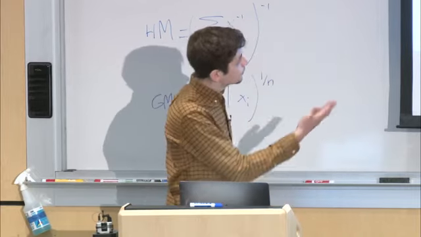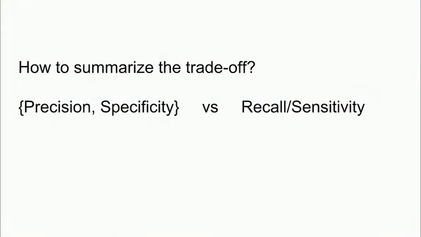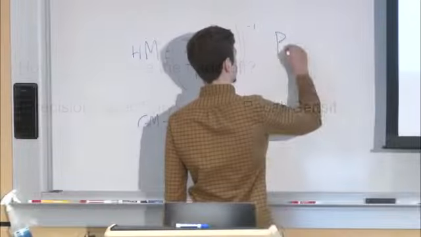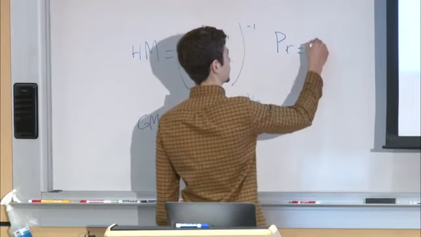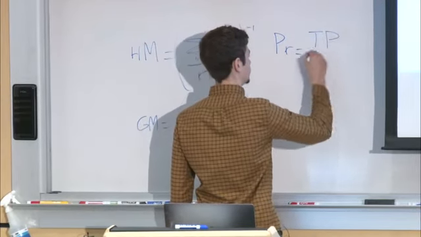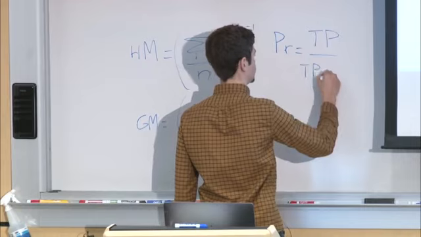So how do we summarize this trade-off of recall or sensitivity, which are the same thing, just two different terms, versus precision and specificity, which are related concepts? To be clear, I'll write these out over here. Precision is just your number of true positives divided by true positives plus false positives.